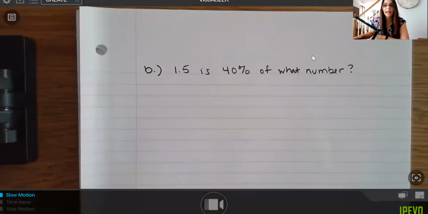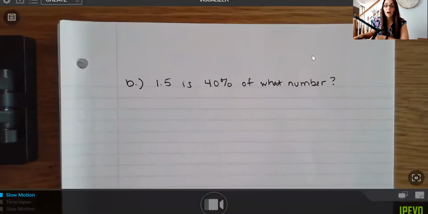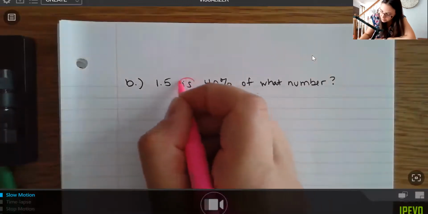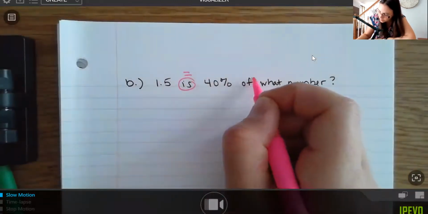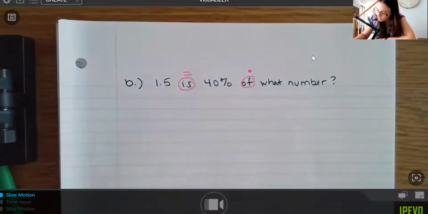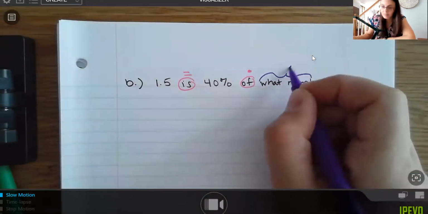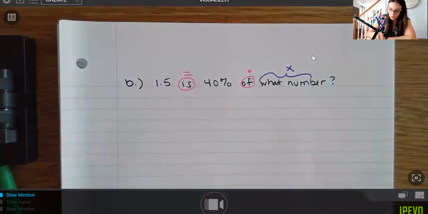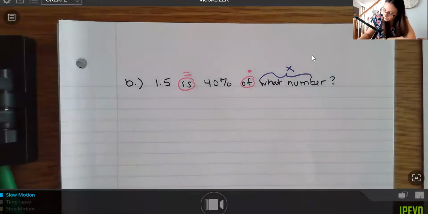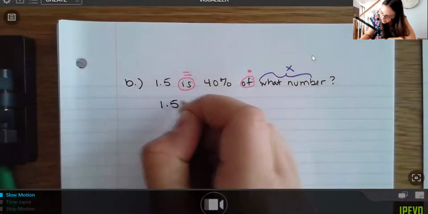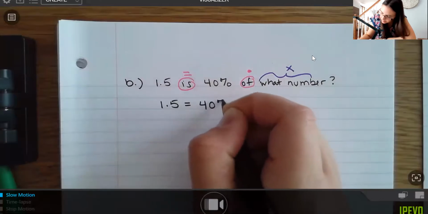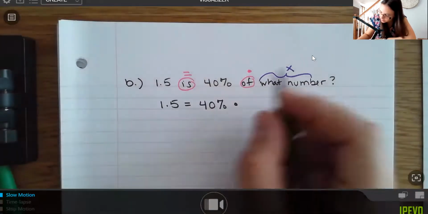So 1.5 is 40% of what number? So here, again, I see those keywords. So I see that word is equals. I see of, which is multiplication. I don't know what number it is, so we're going to use an X there. So I'm going to start by initially writing this. So it's going to be 1.5 is 40% of what number is X.